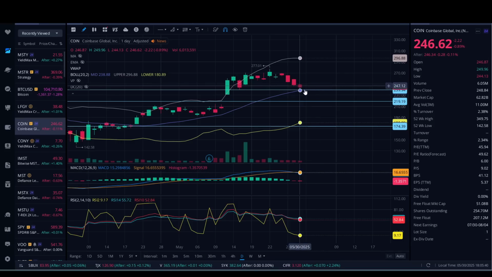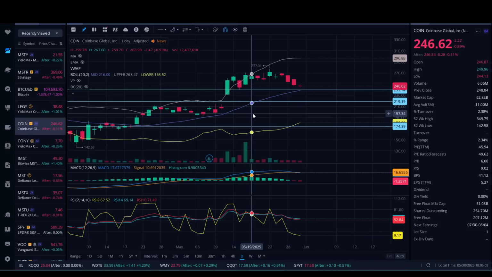So this could be coming on down, and that's fine. If it does and gets down close to the bottom of that Bollinger Band and that RSI2 is still below 10, then I will get a few more shares of CONY. And that's why I only got 15 today. That way I can get a few more if the price does come on down. So that was my thought on CONY.